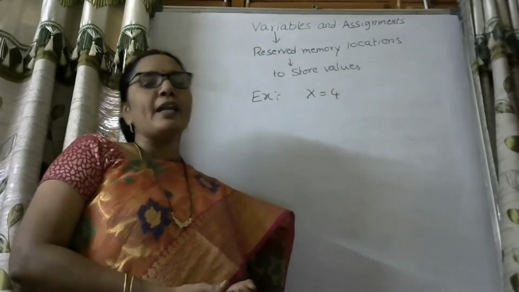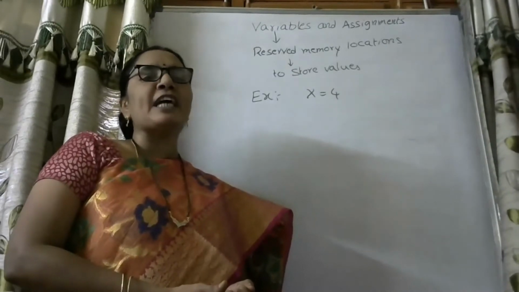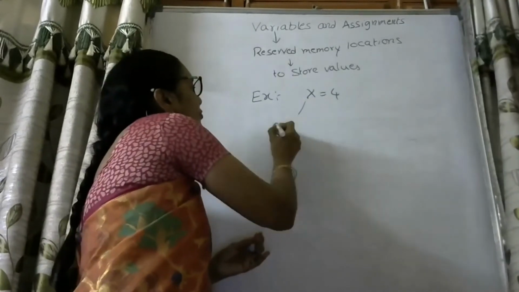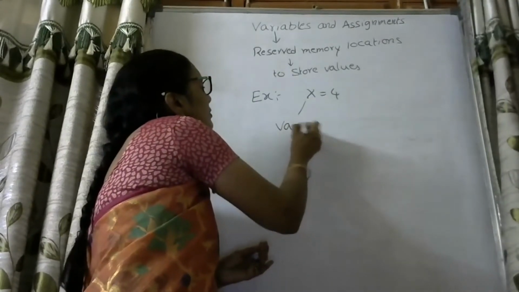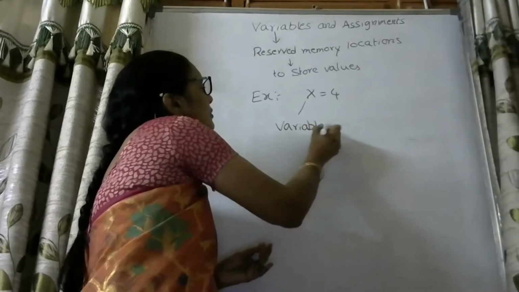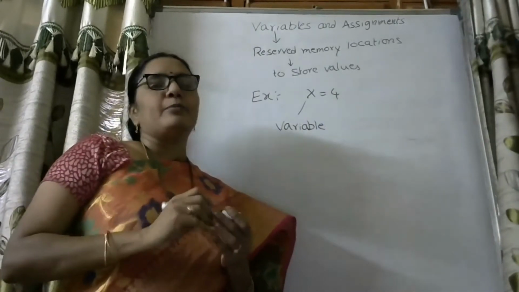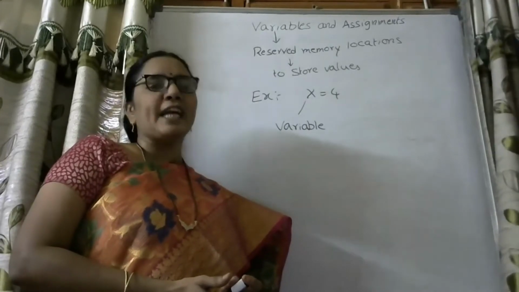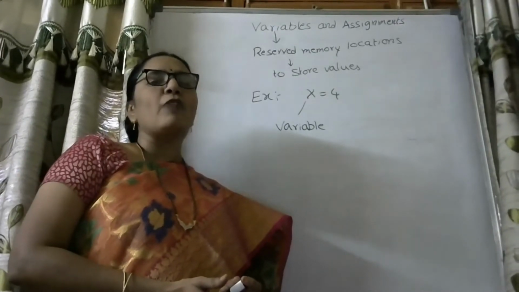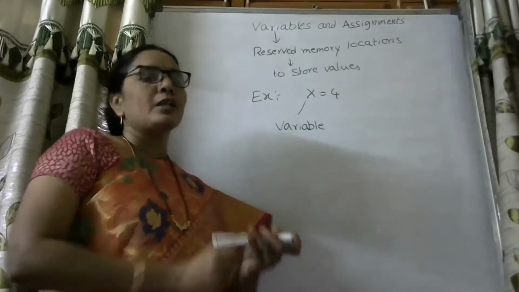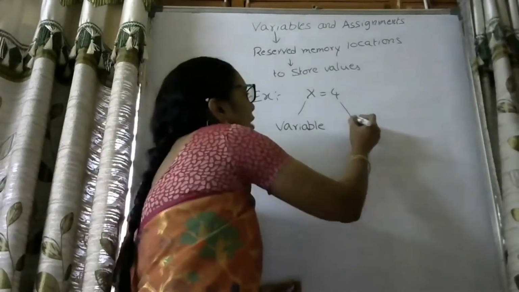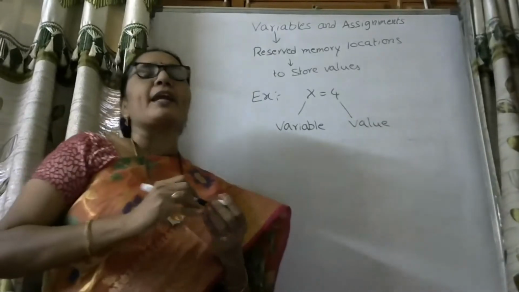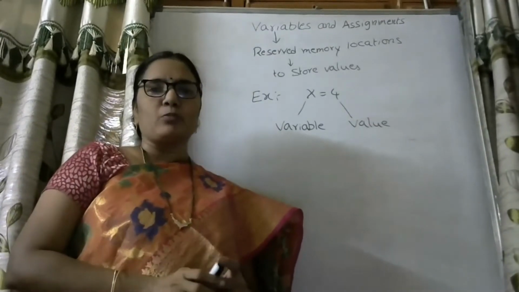The operand on the left hand side of the equal to operator is treated as a variable. And the operand to the right hand side of the equal to operator is treated as a value that is to be assigned to the variable.